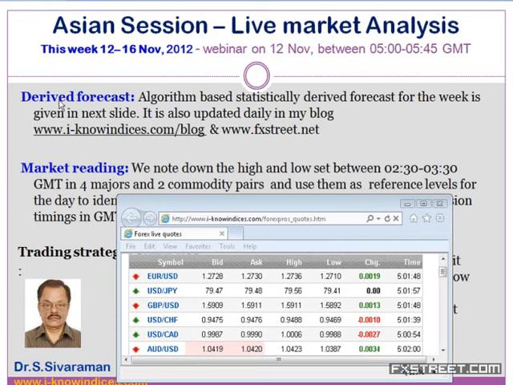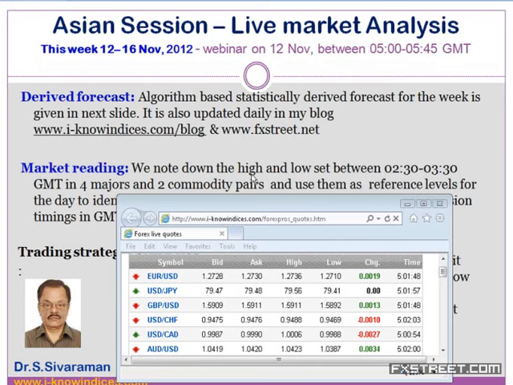Now this derived forecast is for a pretty long period, so obviously we need to fine tune it on 30 minutes time frame on a daily basis or about 1 hour time frame. That is being done with the help of the market reading.